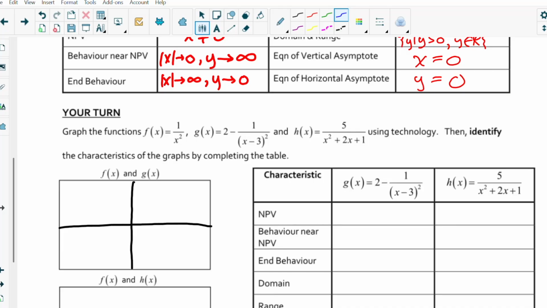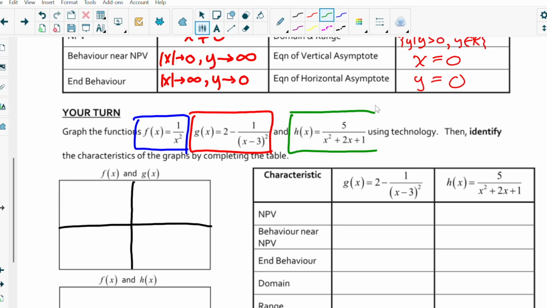Let's make the rational squared blue. Let's make g of x red, and let's make h of x green. So h of x is green, g of x is red, and then our rational squared is blue.